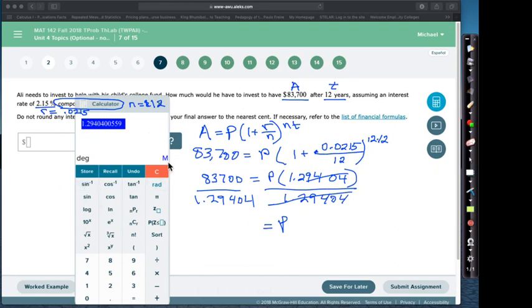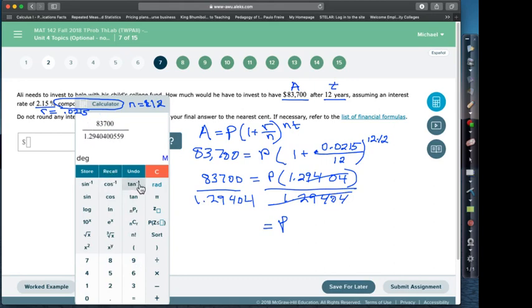And so I've already stored it, so then all I have to do is clear it and take our 83,700 divided by, now we recall the number. There it is, everything in all its glory, all its decimal place accuracy. And we find out that Allie needs to invest $64,681.15.